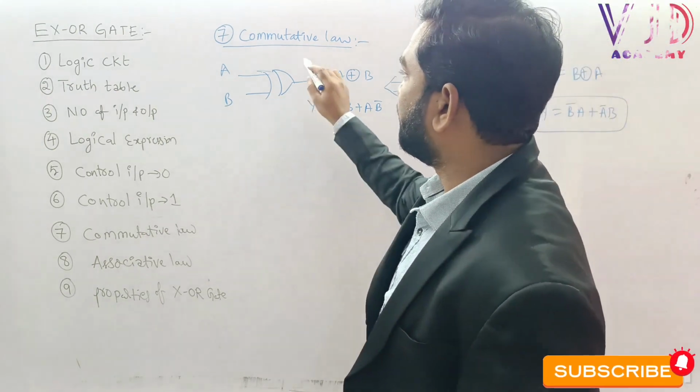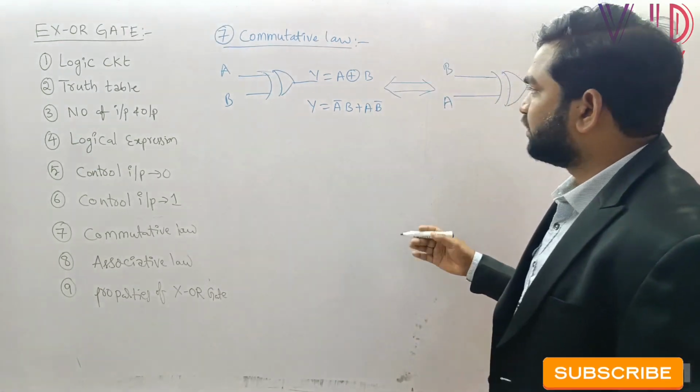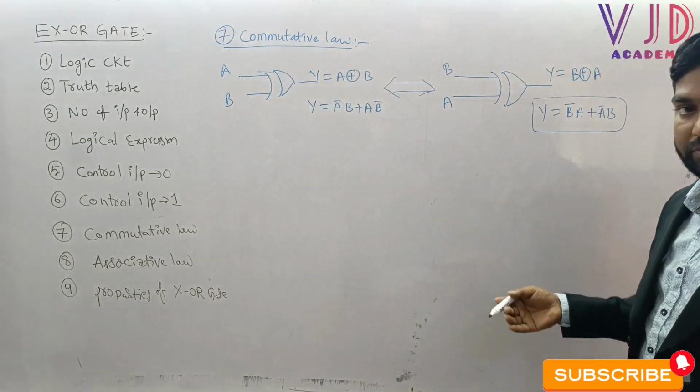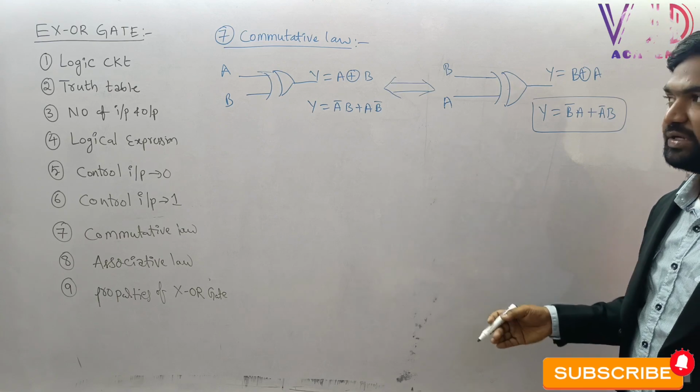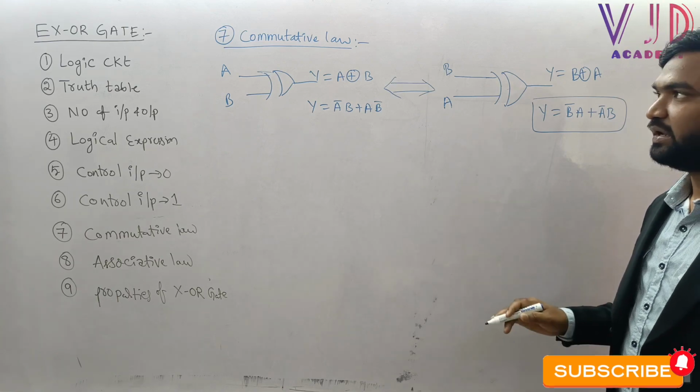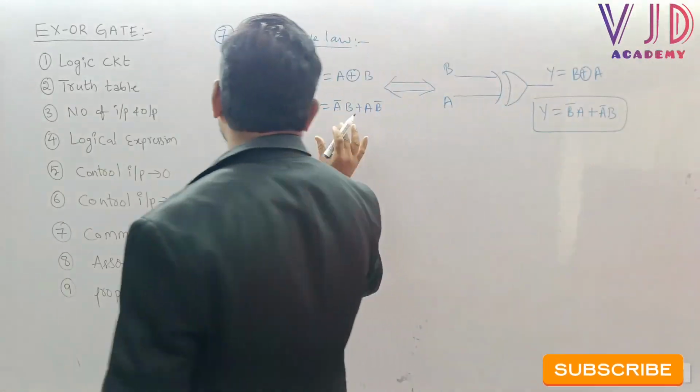So I can say that commutative law is satisfied. If you want to verify, we can take one truth table, and based upon the truth table output, we can say that the commutative law is satisfied for this XOR gate.